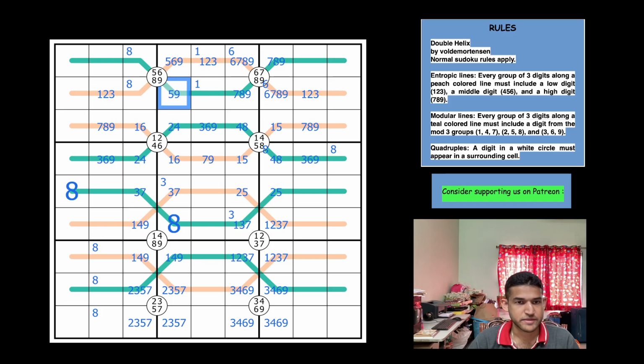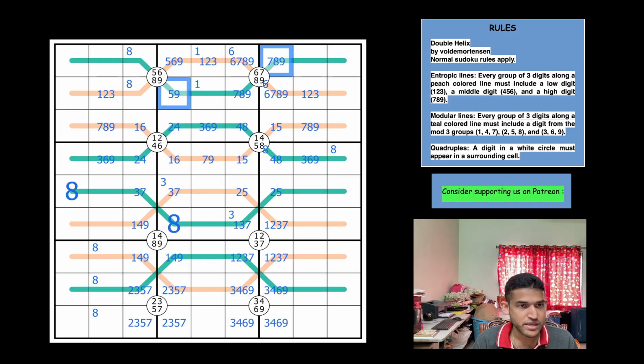What is the missing thing? Modular line, right? Modular 258369. Oh, okay, these should be from the same set, right?